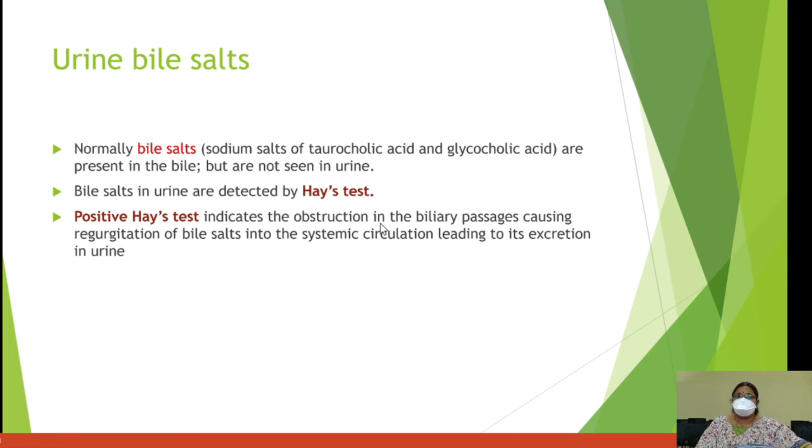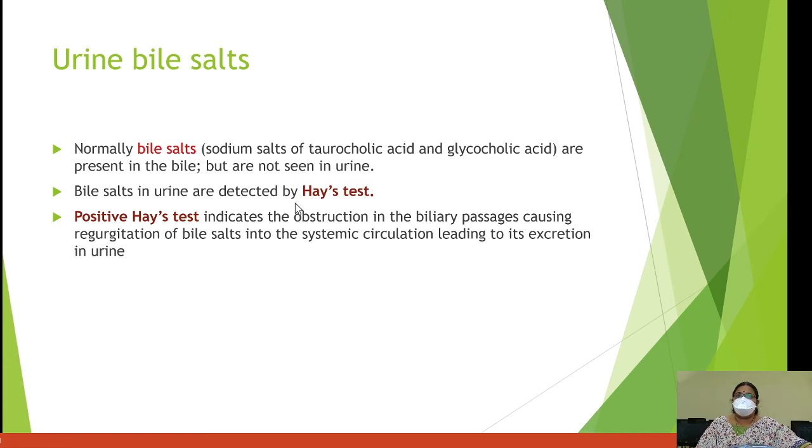When there is obstruction in the biliary passages, there will be regurgitation of bile salts into systemic circulation, leading to their excretion in urine. So, in obstructive jaundice, the Hay's test will be positive. That is because, due to obstruction, the bile salts regurgitate into circulation and they are excreted in urine.